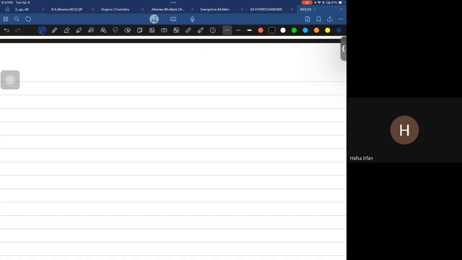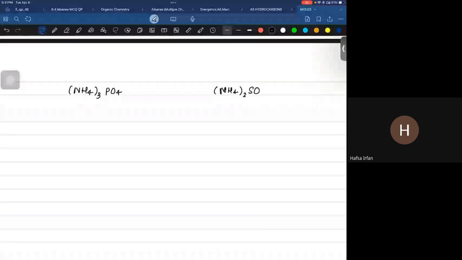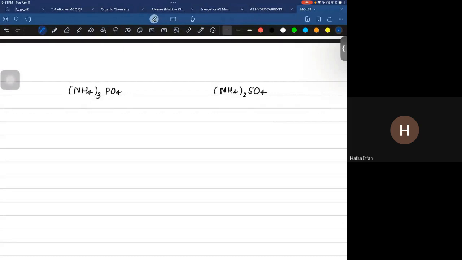Let's suppose you have ammonium phosphate and ammonium sulfate. Which is the best? The best fertilizer is the one with the higher percentage of nitrogen. So you have to find out the percentage of nitrogen in both compounds.